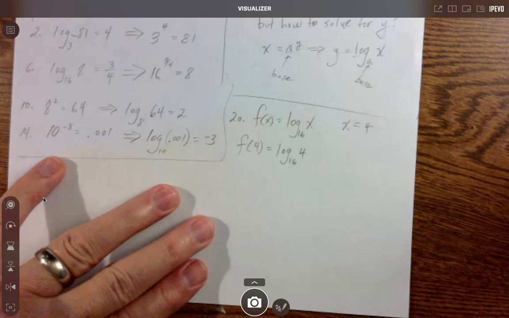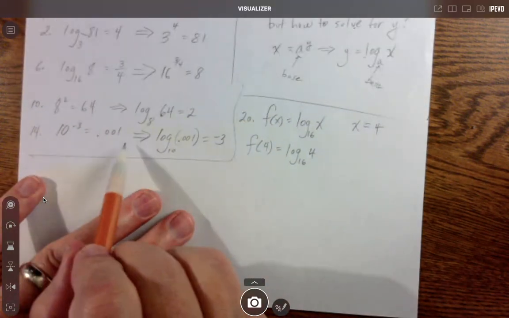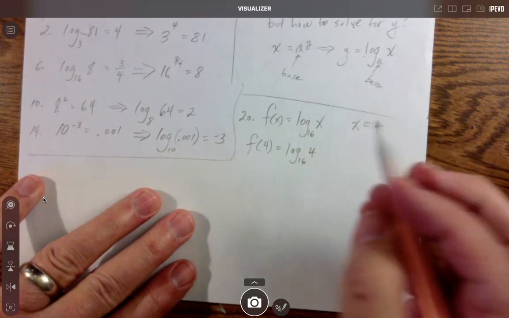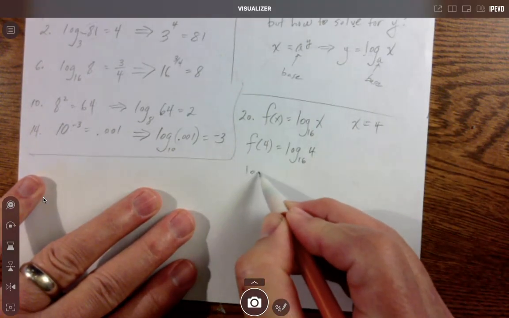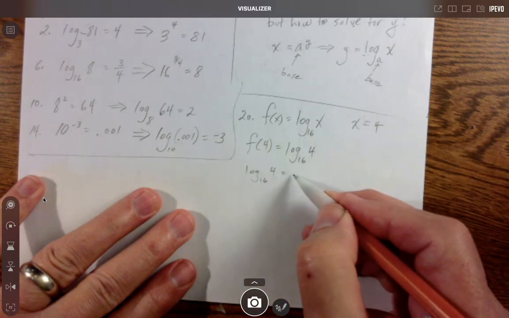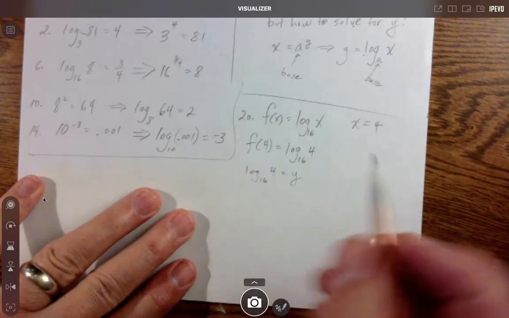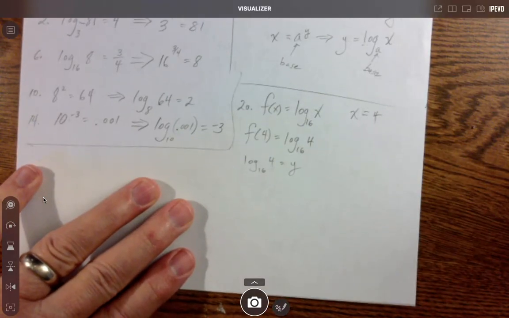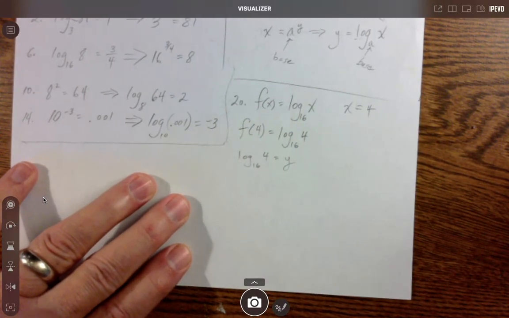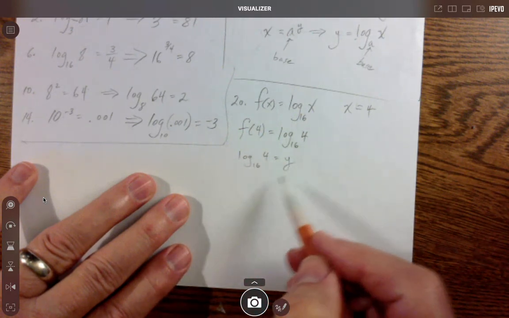we could change the form of this if it helps. We could switch it to an exponential from a log. So for instance, I could take log base 16 of 4 and set it equal to some other variable, we'll say y, and then I could switch it to exponential to make it look different. So let's say you didn't have a calculator and you were confused by this.